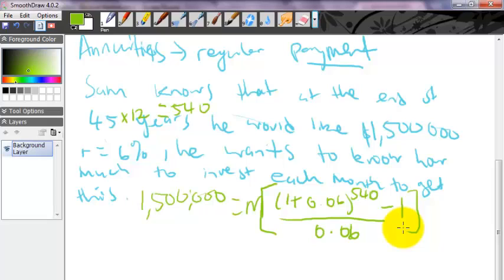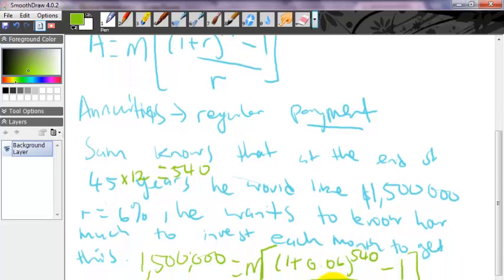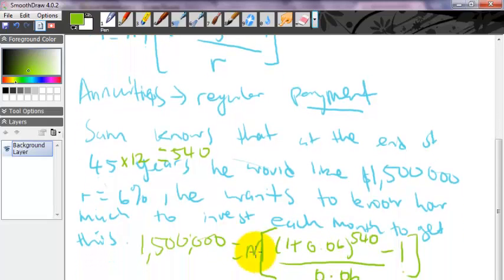That's just all in regards to the formula: 1 plus R to the power of N, take away 1, over R. It's exactly whatever the formula is. I'm not doing anything interesting. Then I'm going to work out this part now in my calculator. So give me a second. 1.06 to the power of 540, take away 1, divided by 0.06.